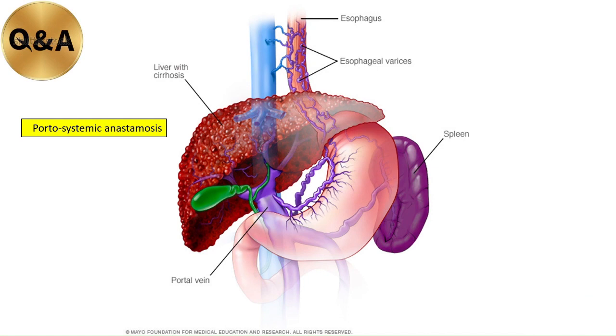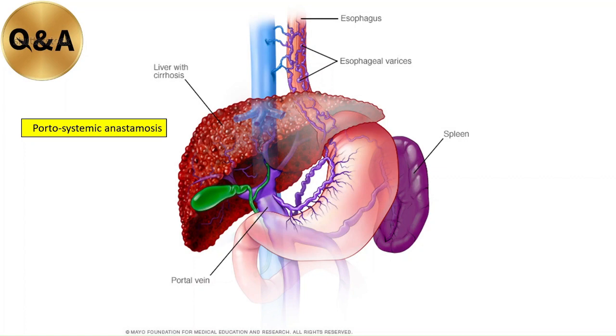This is a diagram showing the portal vein as it enters the liver, and look at the surface of the liver, which is a typical appearance of cirrhotic liver. And if you go to your right and look for the left and the right gastric veins, they are not straight veins, and they are tortuous.